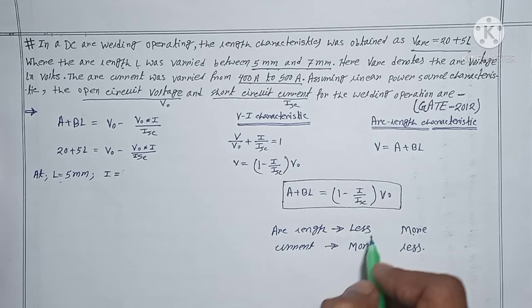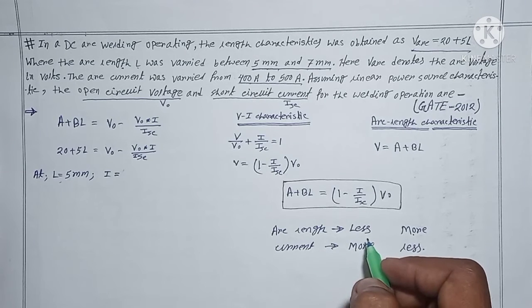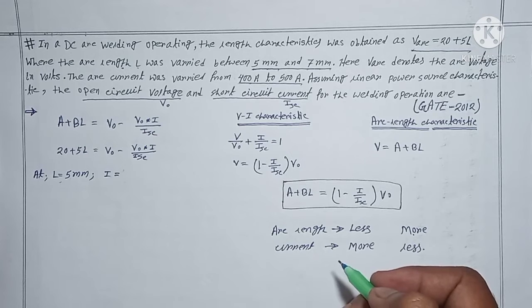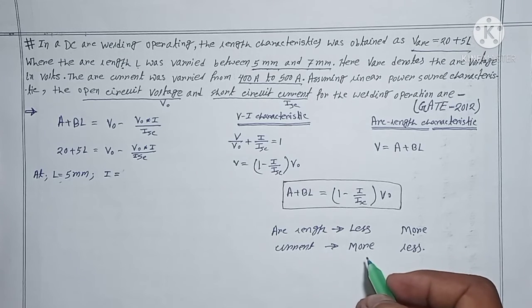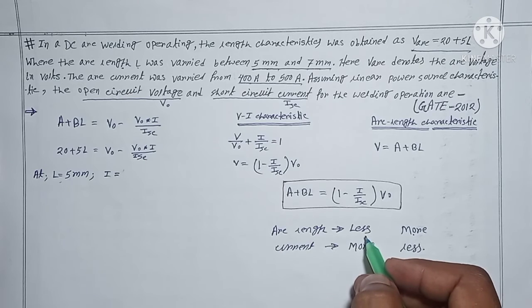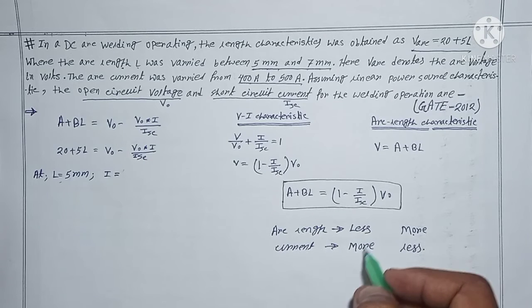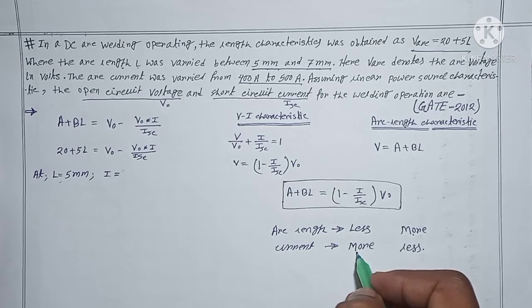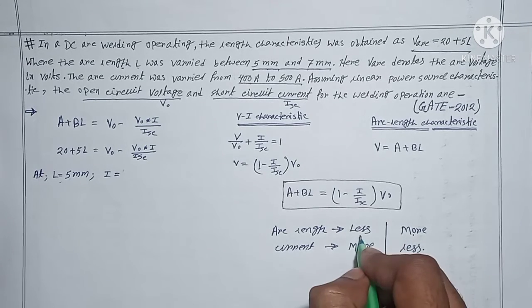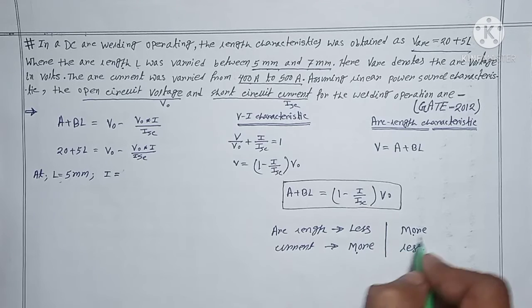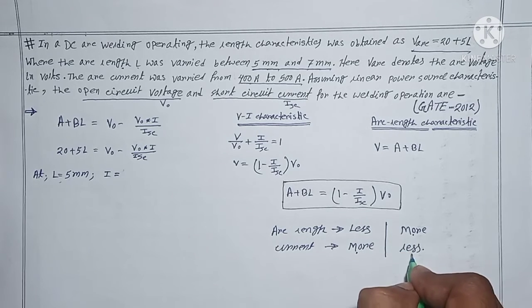Why? Because when the arc length is more, the current passing through the arc will be less, and when the arc length is less, the current passing through the arc will be more. So this thing you have to remember.